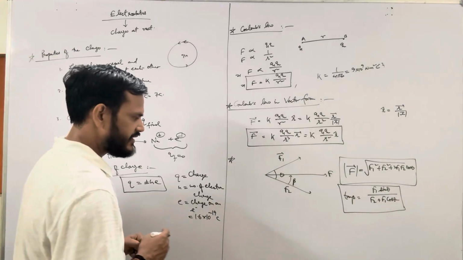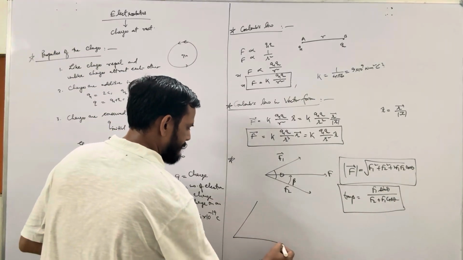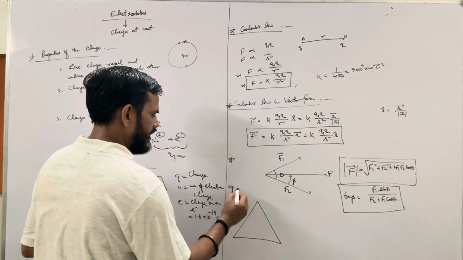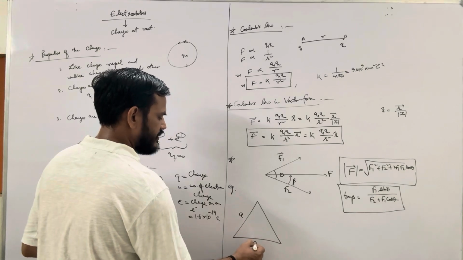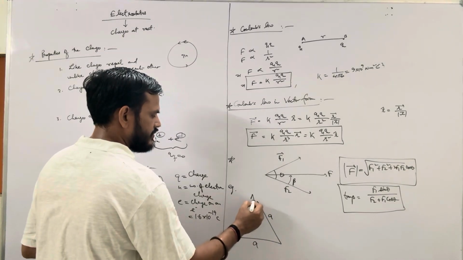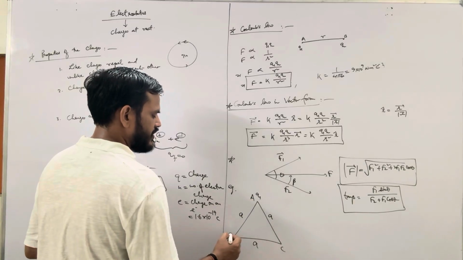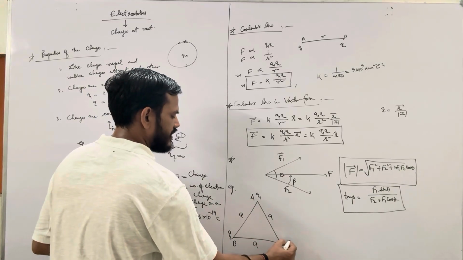A situation can be like this. Suppose there is an equilateral triangle with each side A, and different charges are there. Suppose you have Q1, Q2, minus Q3.